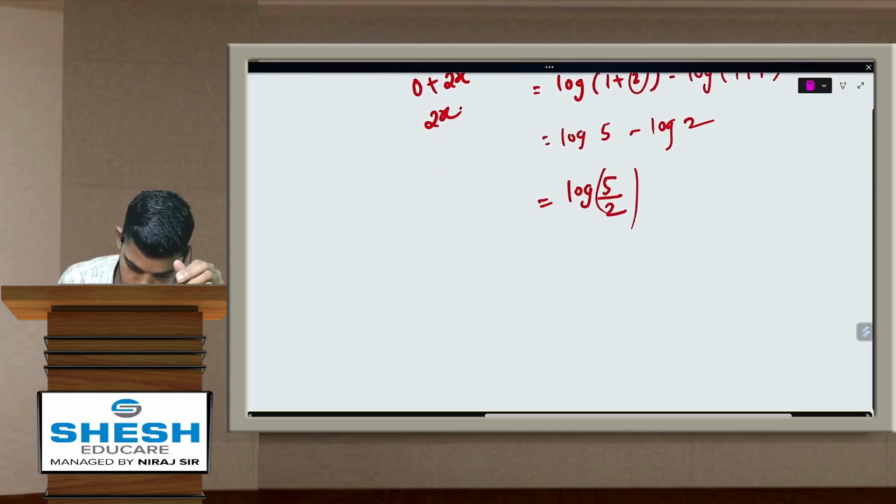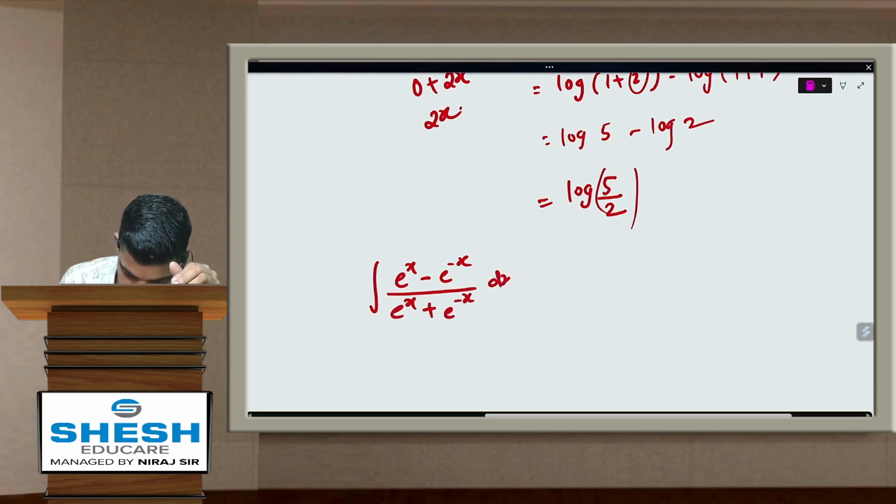Here, the next question is the integration of e to the power x minus e to the power minus x upon e to the power x plus e to the power minus x dx. What to do?